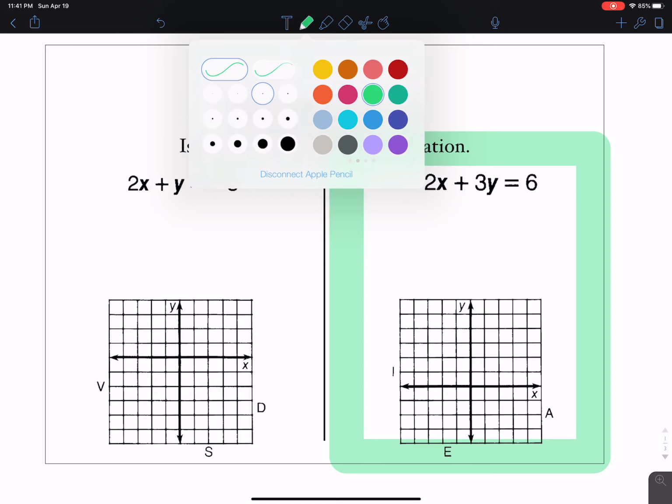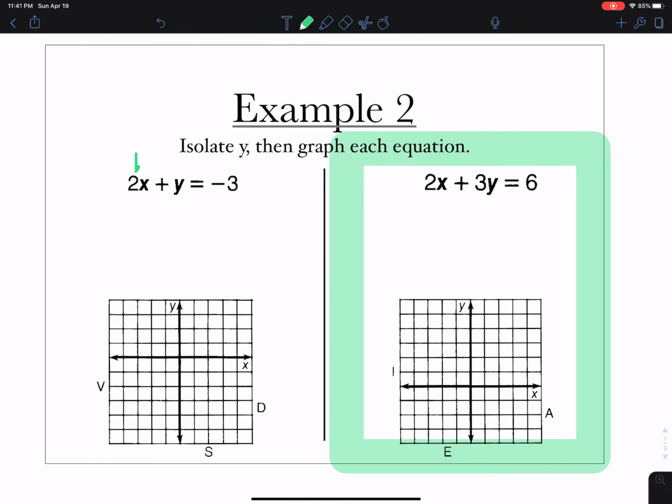Again, similar with example 2, we need to get rid of this positive 2x. We can do so by subtracting 2x from both sides. Because with equations, whatever you do to one side, you have to do to the other. And in this case, we just have y equals negative 3 minus 2x.